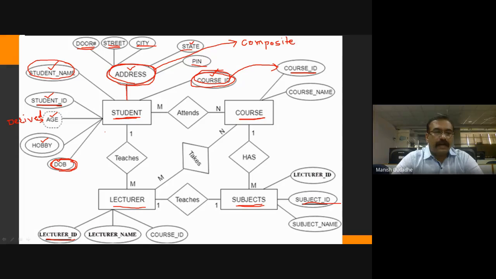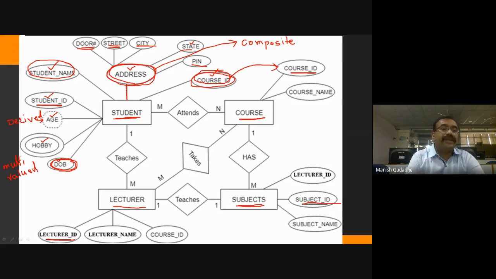Fine. And a double line attribute is actually a multi-valued attribute. Multi-valued means you may have more than one hobby. You may have more than one phone number.